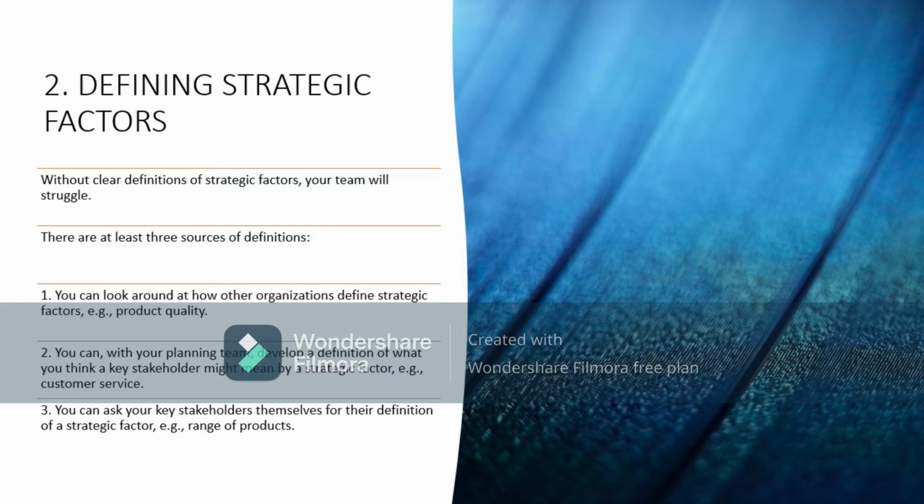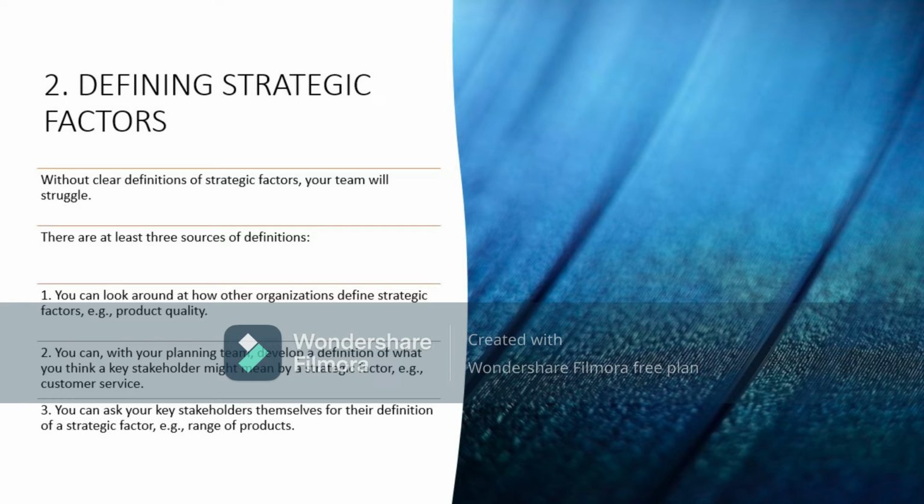Of course, at the end of the day, it's up to a planning team to decide which definitions are appropriate. So, the second source of definitions must come into play at some point.